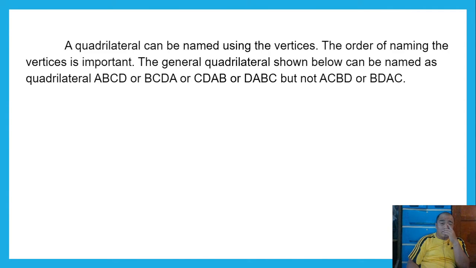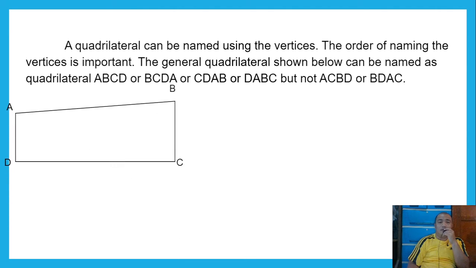So a quadrilateral can be named using the vertices. The order of naming the vertices is important. The general quadrilateral shown below can be named as quadrilateral ABCD. It can be named as quadrilateral ABCD, quadrilateral BCDA. Okay, dapat yung order niya is important, no?